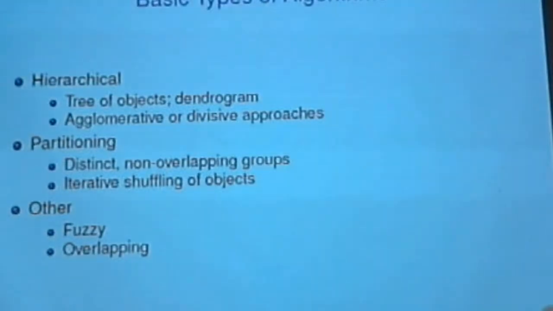And there are other types of clustering, such as fuzzy clustering and overlapping clustering. Overlapping is kind of interesting. In all the other types, other than partition and hierarchical, any object or observation in your data set can only belong to one cluster as the final result.